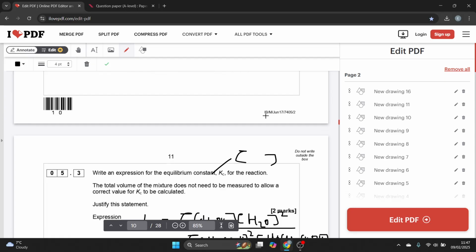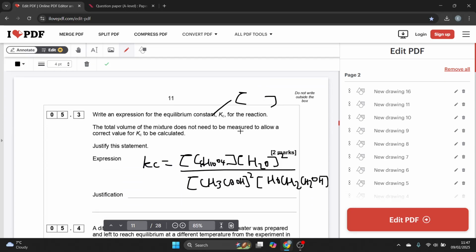And then it says the total volume does not need to be measured to allow correct value for Kc to be calculated.